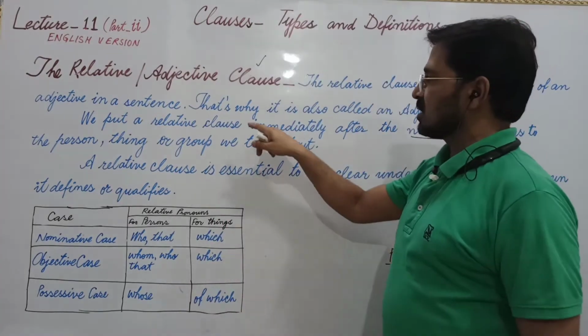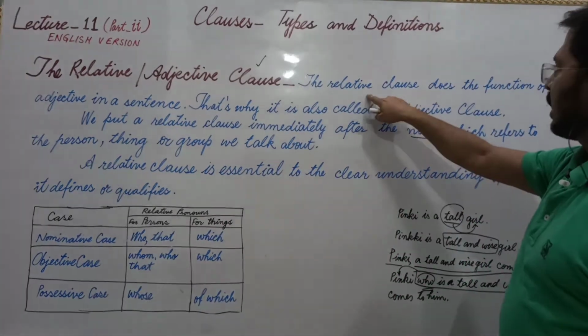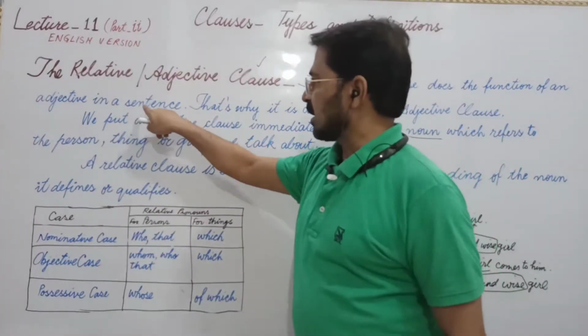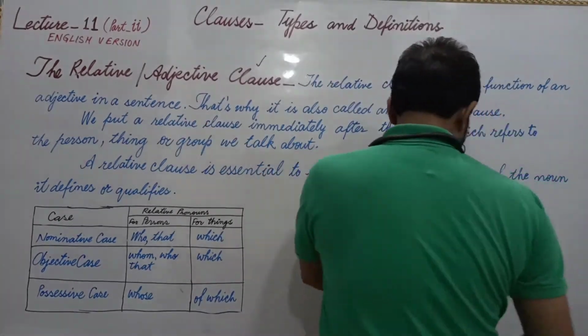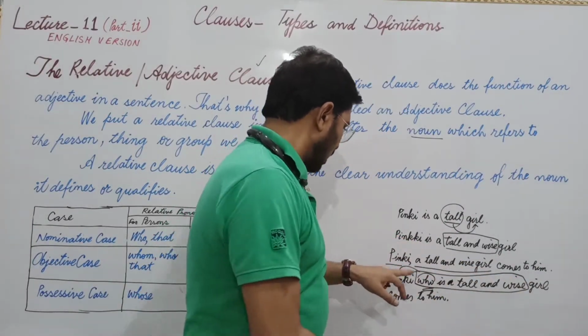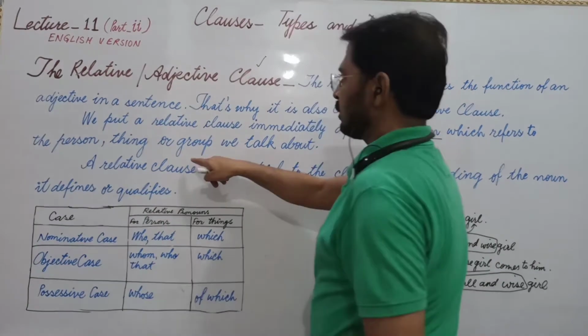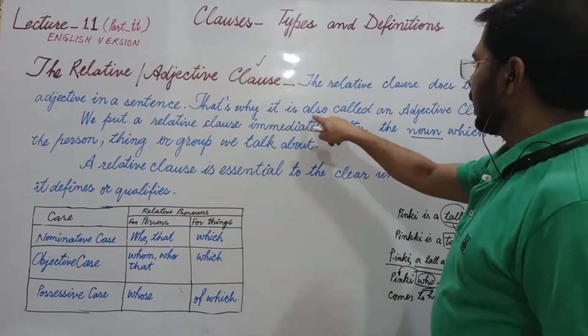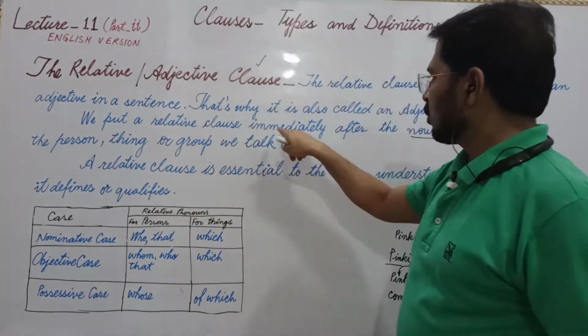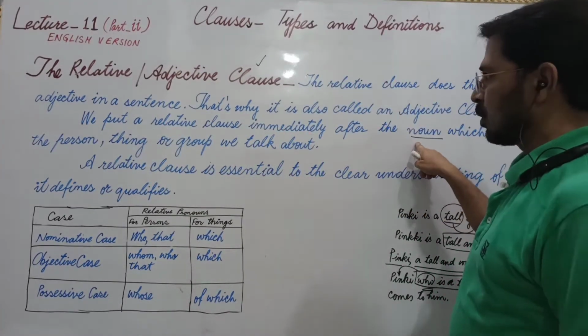Now let's understand this definition again. The relative clause does the function of an adjective in a sentence. This is doing the function of an adjective in this sentence for Pinky. That's why it is also called an adjective clause. In the second part, we put a relative clause immediately after the noun.